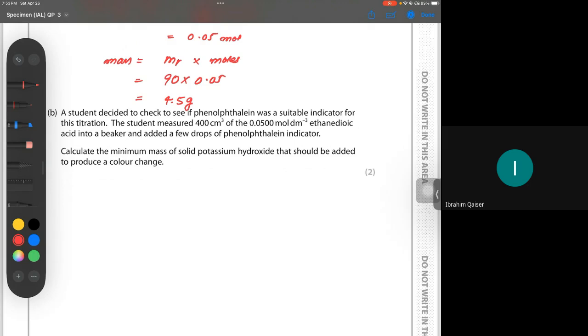Moles of ethane dioic acid is equal to concentration multiplied by volume. So what's the answer? 0.02. Yes.